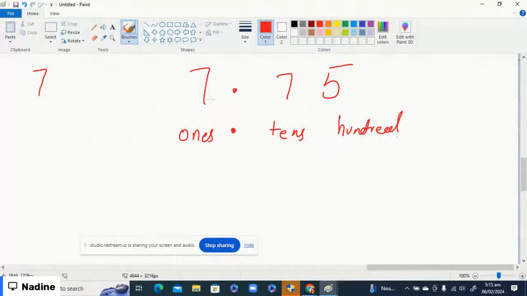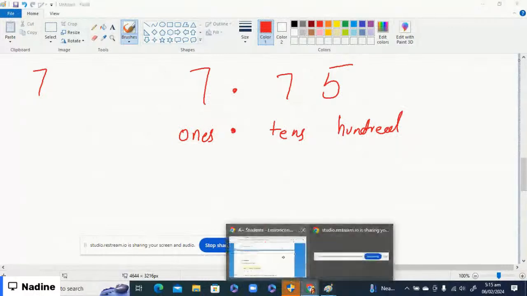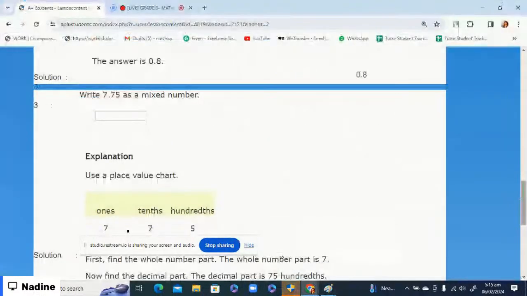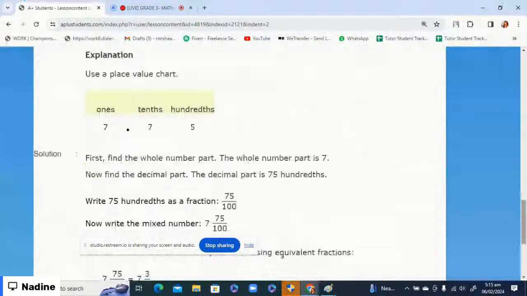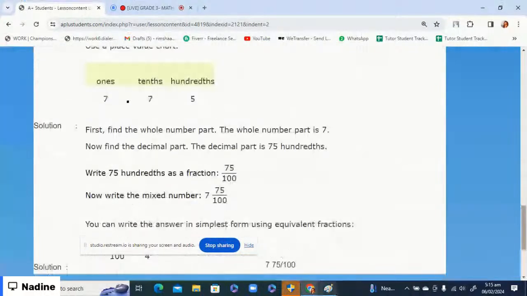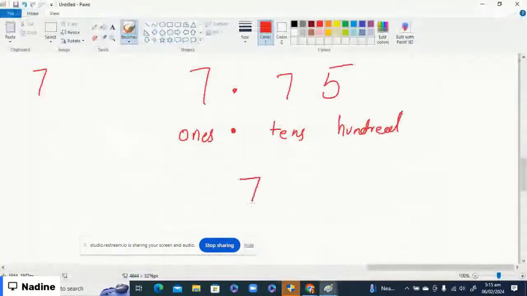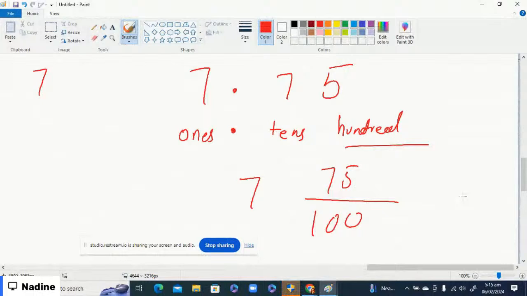All right, this is in the ones place, this is in the tenths place, and that 5 is in the hundredth place. So this becomes 7.75. Now in the question, they are saying to convert it as a mixed number. So how can we convert it as a mixed number? As we know, if you have a question like this, 775 over 100, because it is on the hundredths, that would be in the last place.